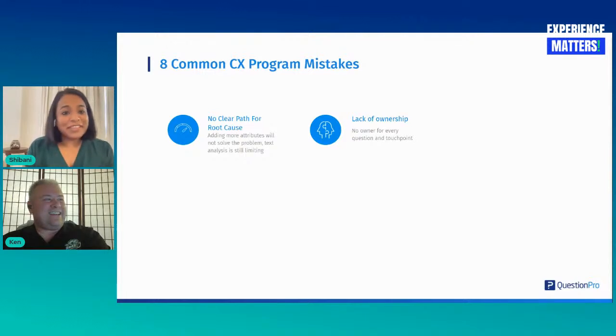So having that ownership, and that's why you have to have an owner for every question as well. I know that seems ridiculous. Sometimes the owners are the same, but they have to own that question. And I remember working with, this was a very large international conglomerate company that had different brands, branches, stores.